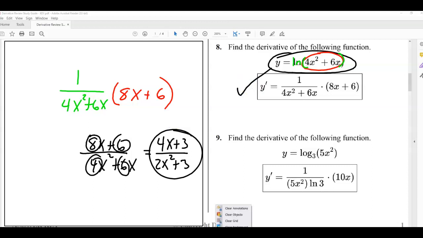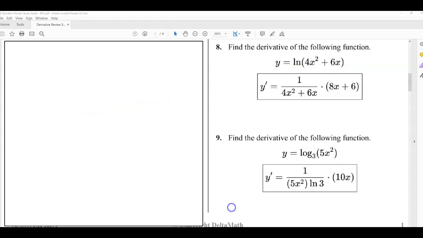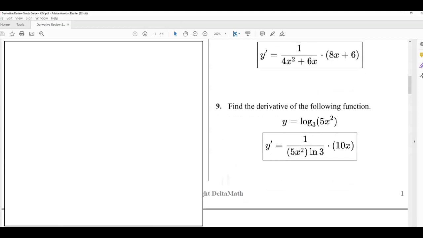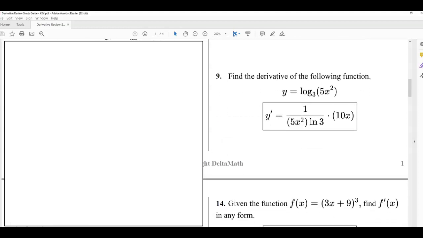Let's go ahead and take a look at 9. Find the derivative again. This time it's a log. So very similar. We're going to do the derivative of the inside, which would be 10x.